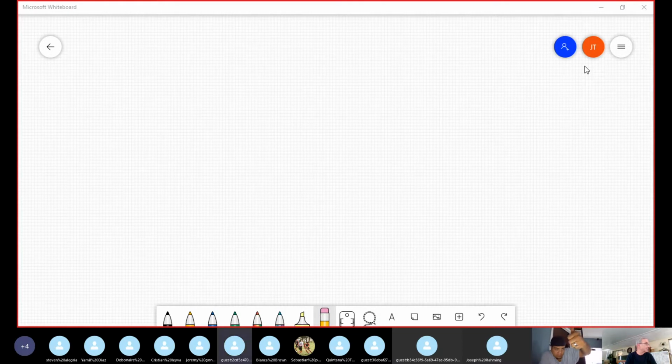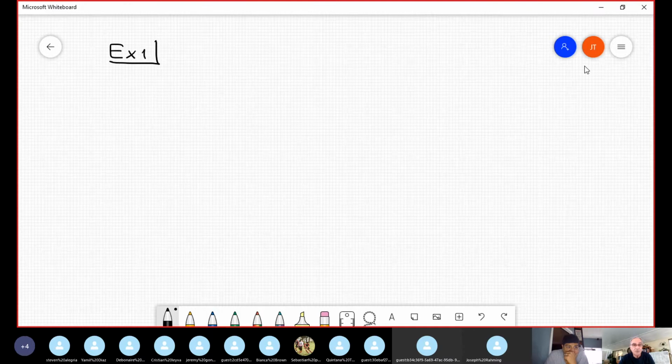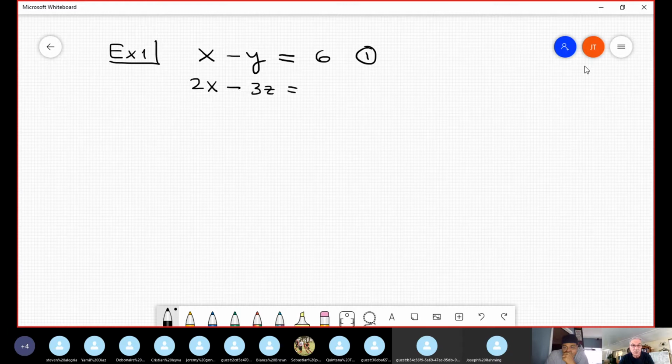Okay, the first example is example 1. x minus y equal 6, equation 1. 2x minus 3z equal 16, equation 2.